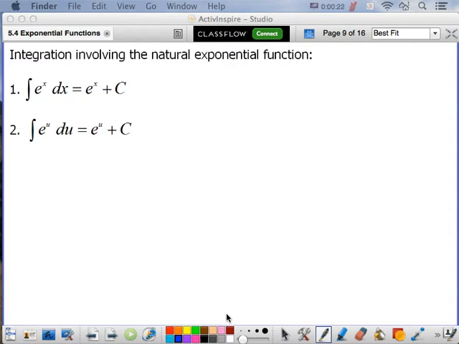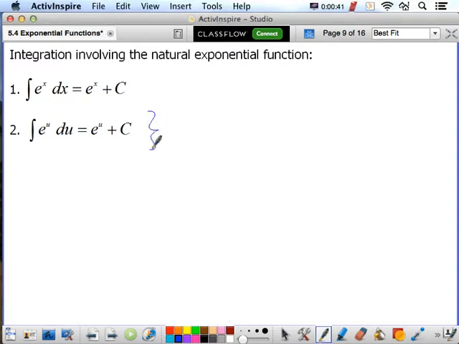But things get a little trickier if we have the integral of e to something other than just x. So for your second formula, we have the integral of e to the u with respect to u, and that will equal e to the u plus c, which looks a little more simplistic than it is.